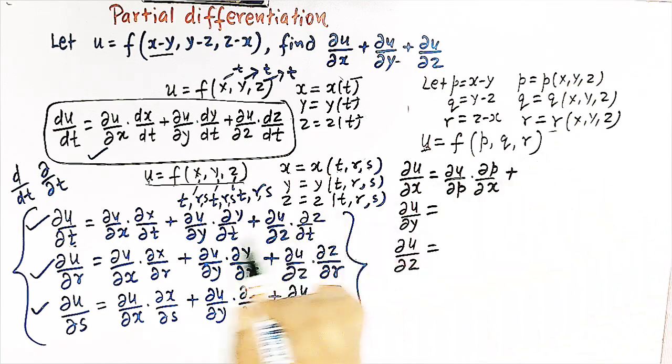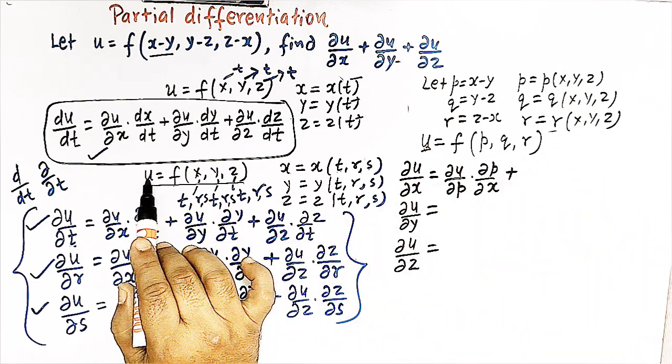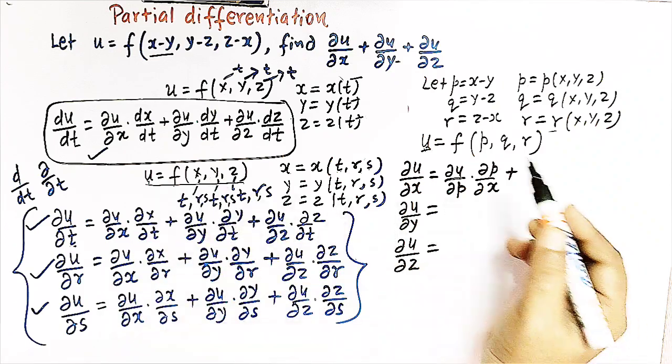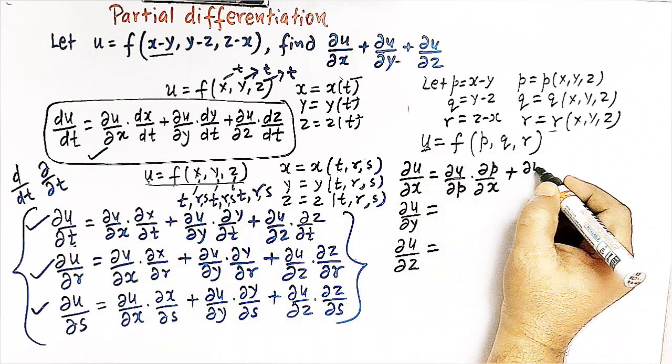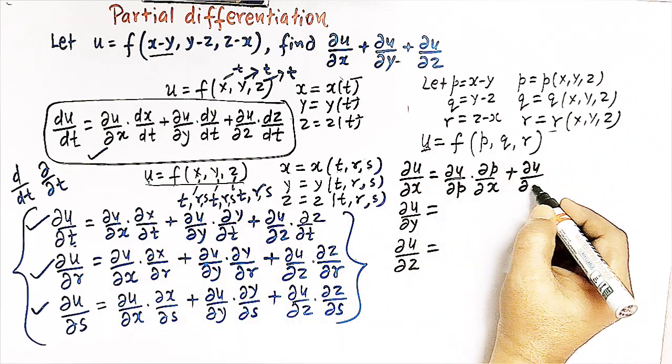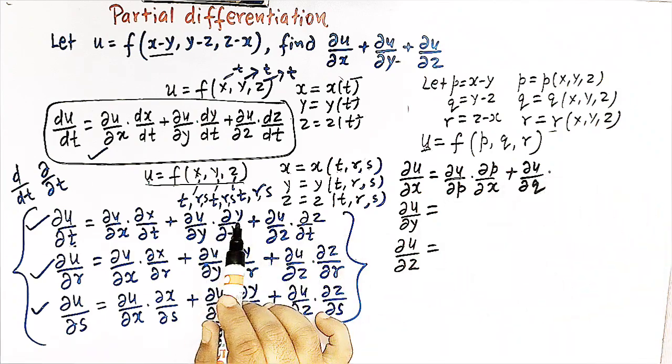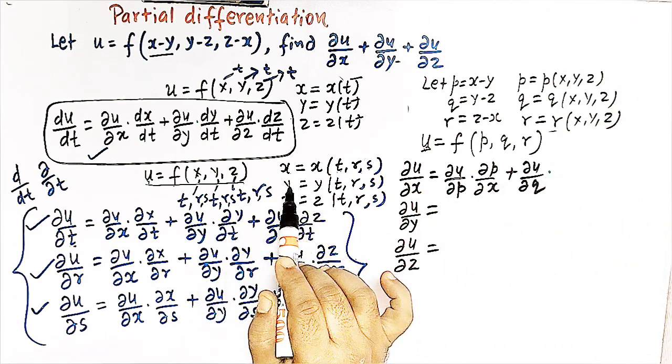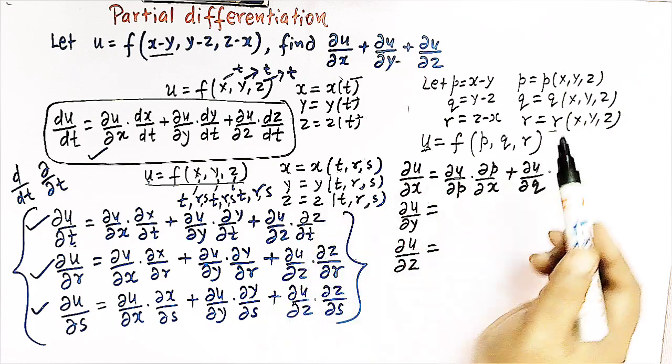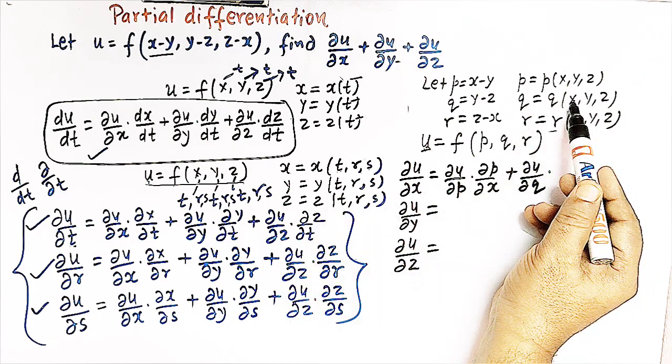And then we have ∂u/∂y, that is here we have u, here we have y, and here we have ∂u/∂q, and then we have ∂y/∂t. Here we have q, and here we have x.